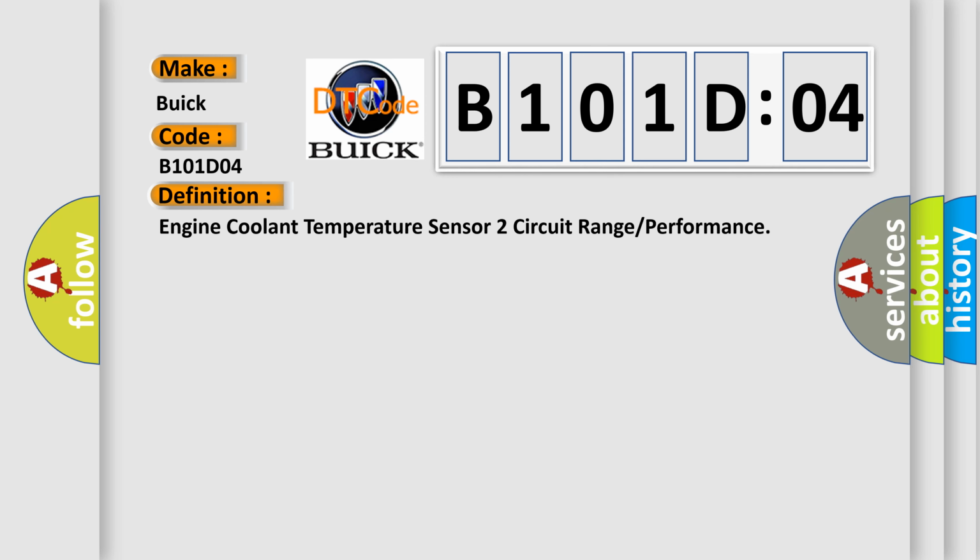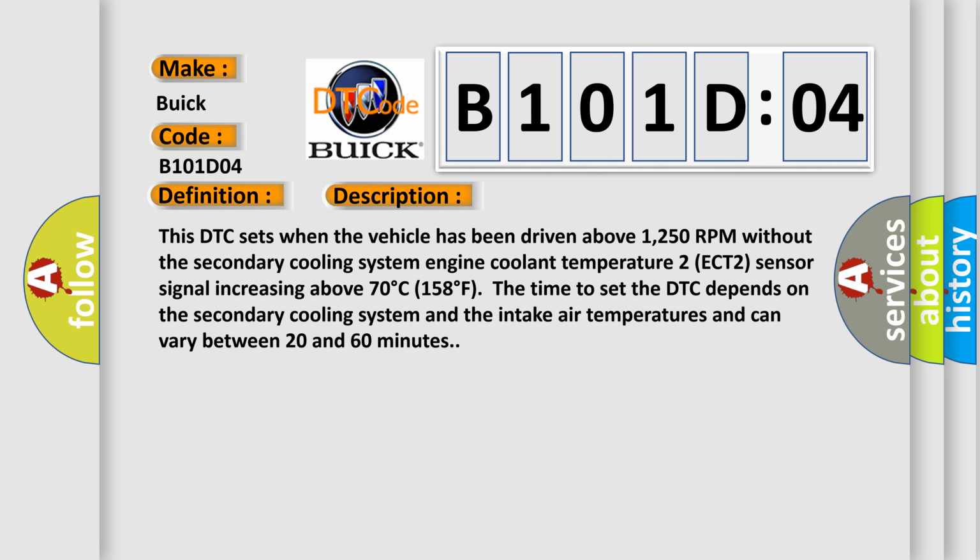And now this is a short description of this DTC code. This DTC sets when the vehicle has been driven above 1250 rpm without the secondary cooling system engine coolant temperature 2 ECT2 sensor signal increasing above 70 degrees Celsius, 158 degrees Fahrenheit.